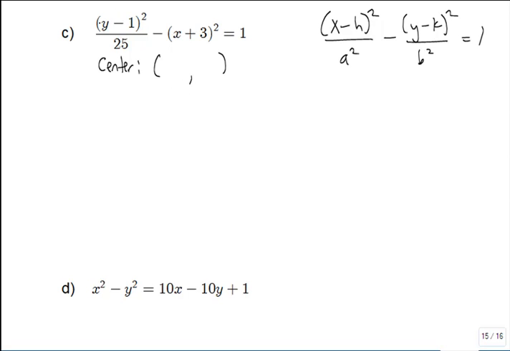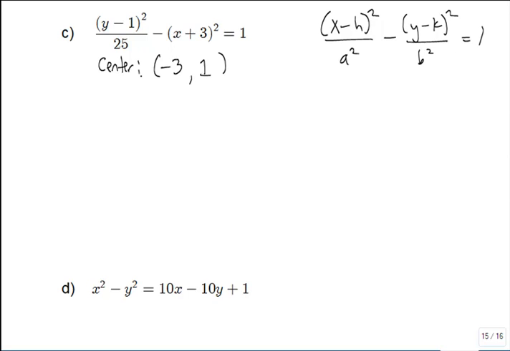Now look at the variable that is in the parentheses with the number to tell you which coordinate you're talking about. If I see y here and I think, okay, this is a minus 1, so I actually want a plus 1, you need that plus 1 to be y because it's next to y. And over here I see a plus 3, so I should think minus 3, and since it's next to that x, that needs to be the x coordinate.